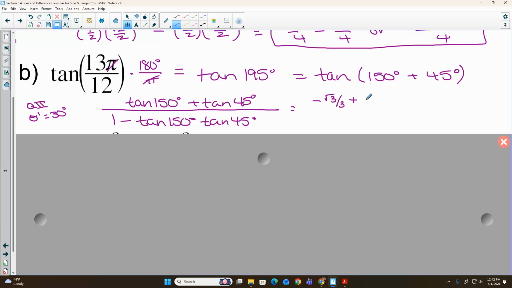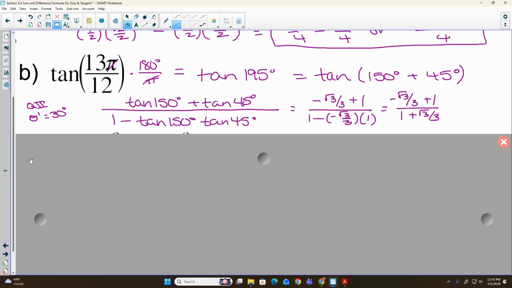Plus, what is the tangent of 45? 1, over 1 minus negative radical 3 over 3 times 1. Alright, so I have negative radical 3 over 3 plus 1 over 1 plus radical 3 over 3.